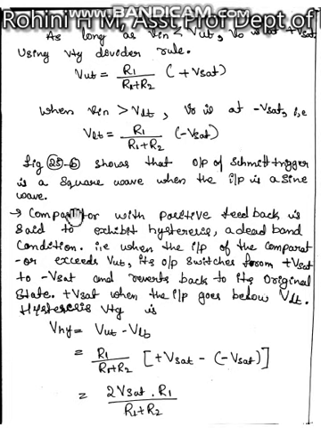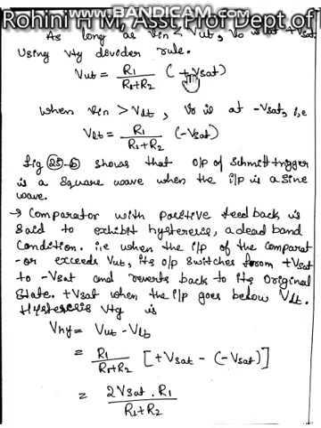A comparator with positive feedback is said to exhibit hysteresis and a dead band condition, that is, when the input of the comparator exceeds VUT, its output switches from plus Vsat to minus Vsat and reverts back to its original state, plus Vsat, when the input goes below VLT. The hysteresis voltage is given by V hysteresis equal to VUT minus VLT, upper threshold minus lower threshold.